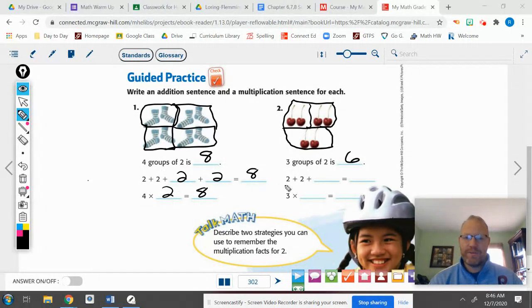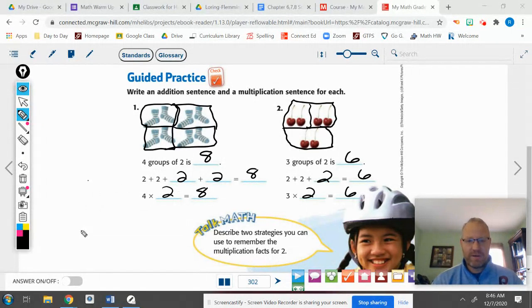So what's our addition sentence? 2 plus 2 plus 2 equals 6. What are we multiplying? 3 times 2 equals 6. So describe 2 strategies you can use to remember the multiplication facts of 2.